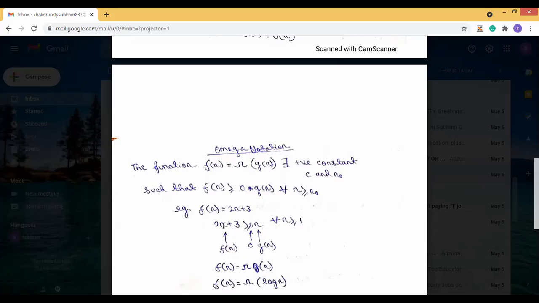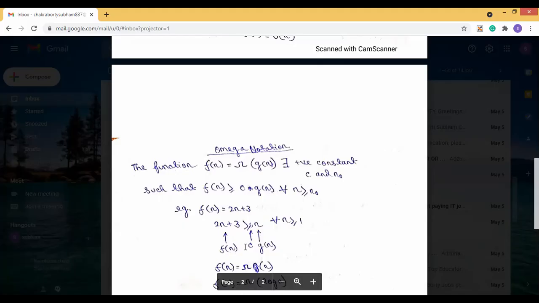If we put the smallest value as 1, then 5 is greater than or equal to 1, so our condition is true. So f(n) is greater than or equal to c of g(n). That is how our omega notation works.